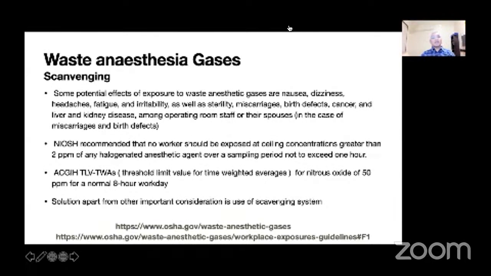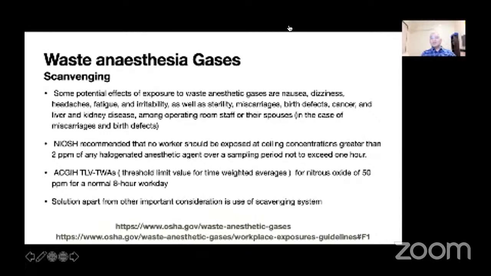And there are various recommendations by NIOSH, which says that operation room personnel should not be exposed to concentrations of any halogenated anesthetic agent of more than 2 ppm over a sampling period of 1 hour. The American Conference of Governmental Industrial Hygienists also recommends a threshold limit value, time weighted average, that means nitrous oxide 50 ppm for a normal 8 hour day.